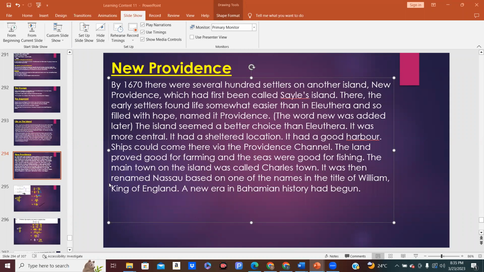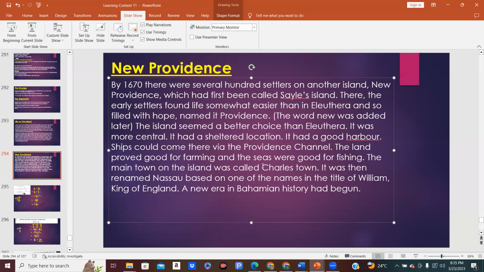All right, Serenity. Yes, sir. What was the change from Charlestown to Nassau based on? The name was changed and it was called Cloudstone.